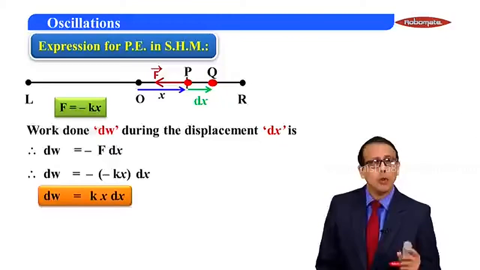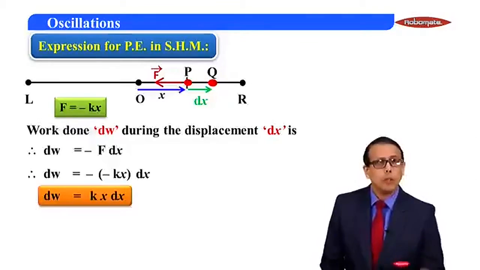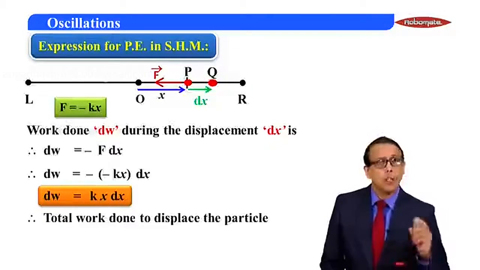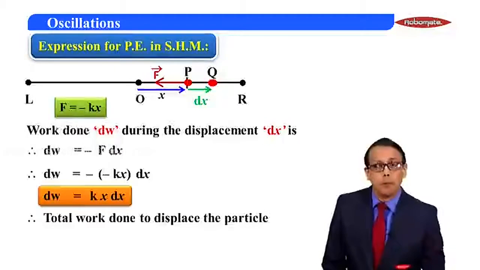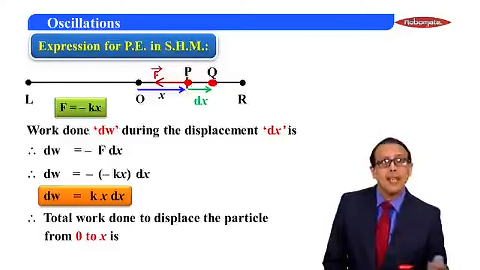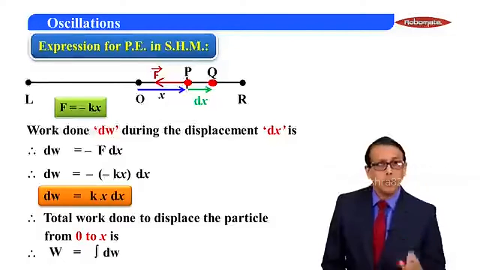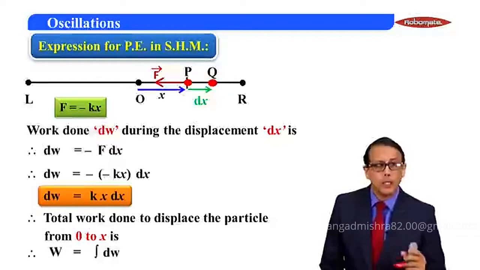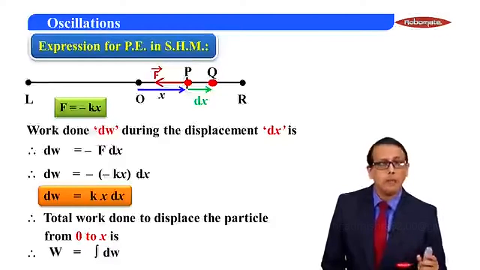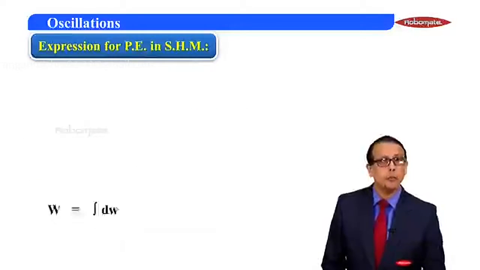Now students, if dw is the small work done for a small displacement dx, then the total work done to displace the particle from mean position to any distance x is the integration of dw. dw stands for small work done. During this entire process, such small work done are done, and the total work done will be the integration of dw.